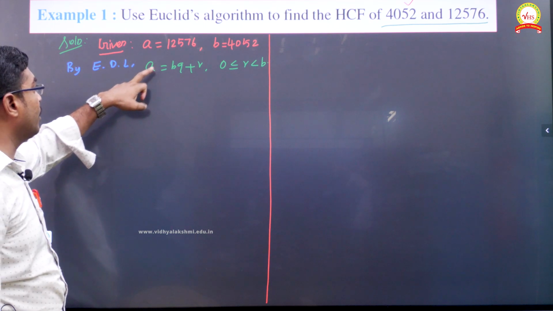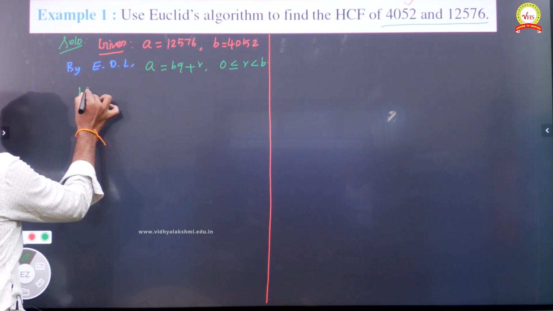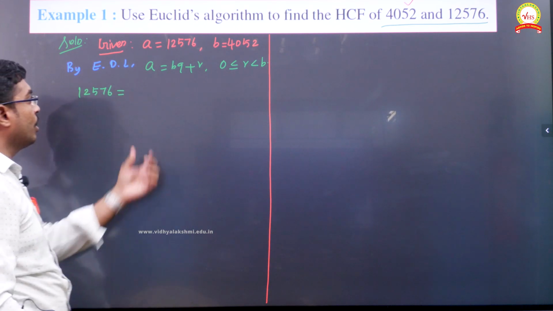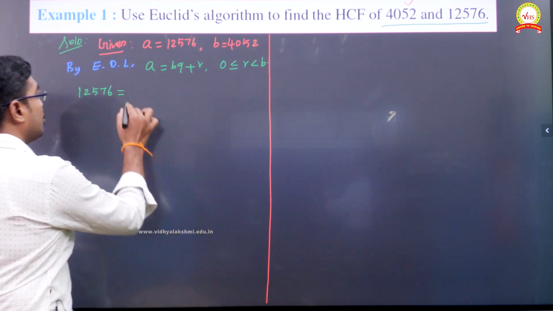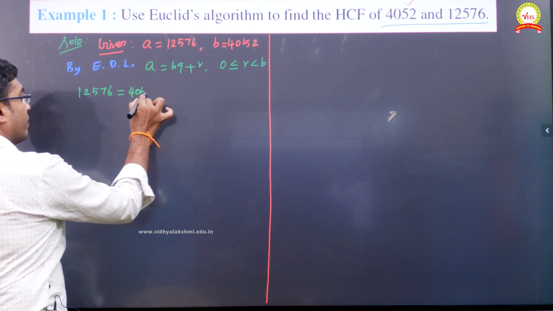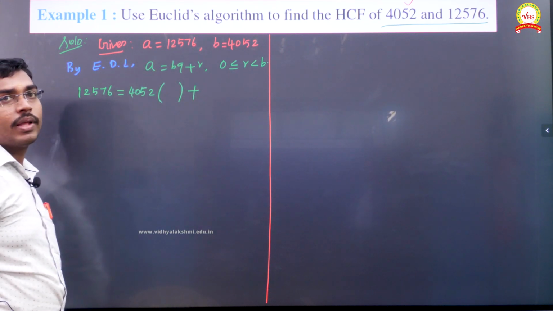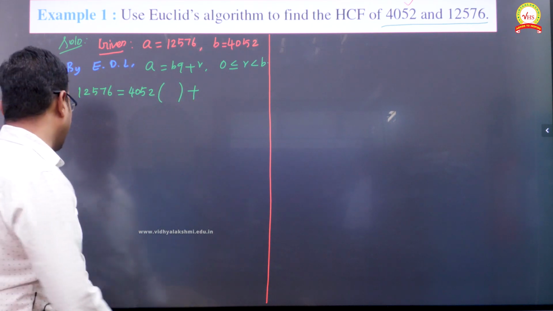What is the value of A? 12576, which is equal to, what is the divisor? 4052. So we need to find the quotient and remainder.